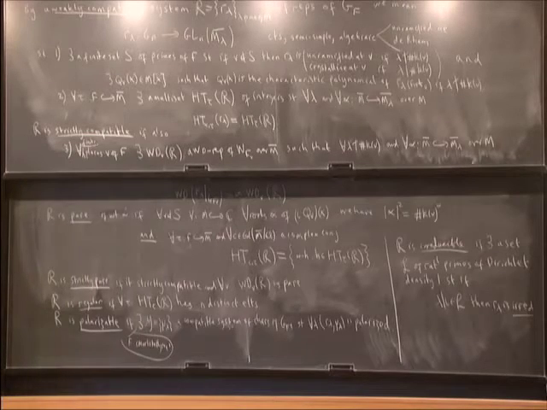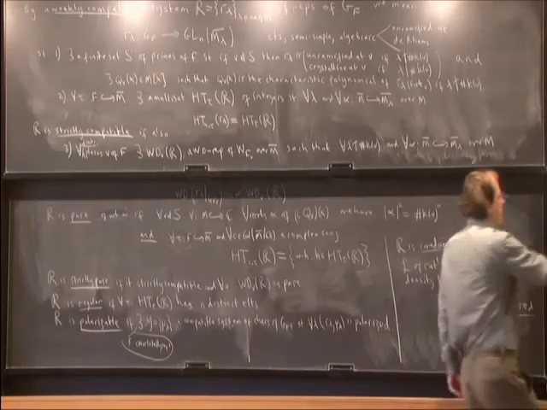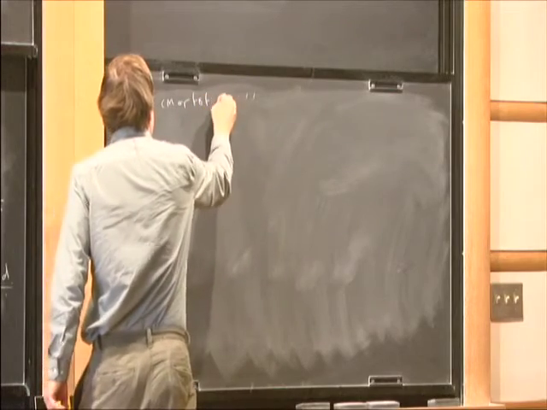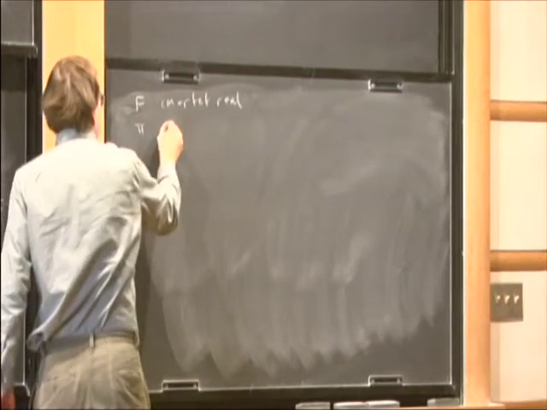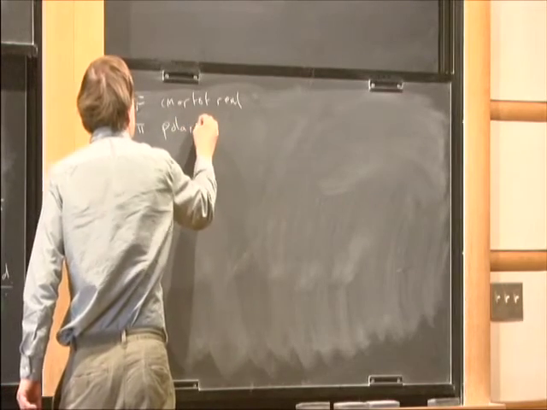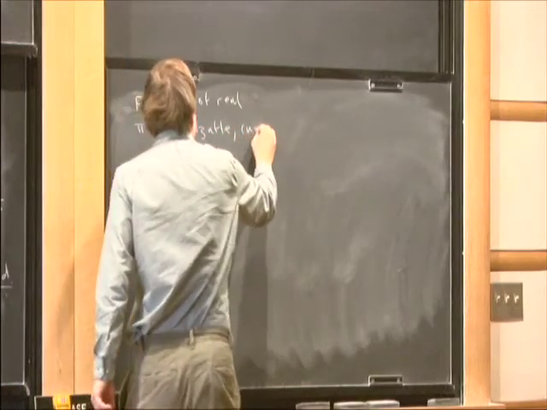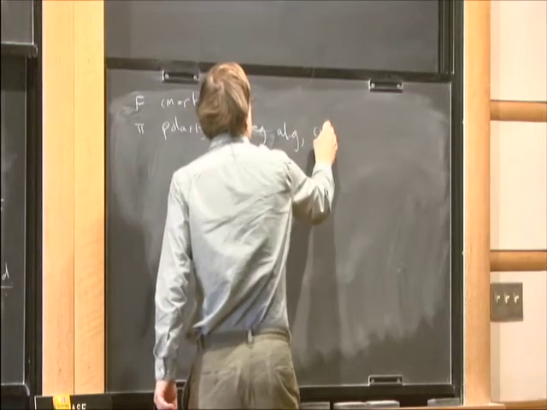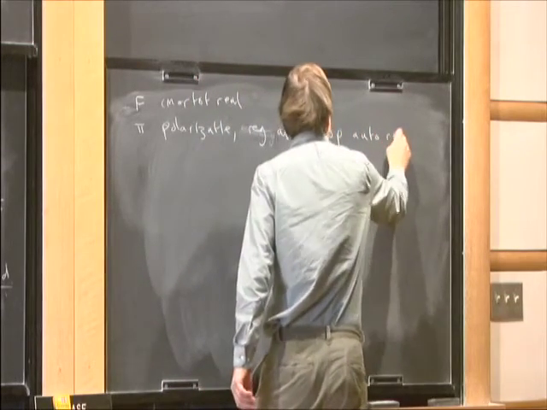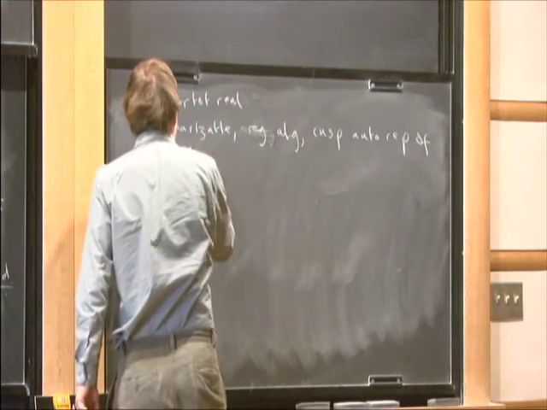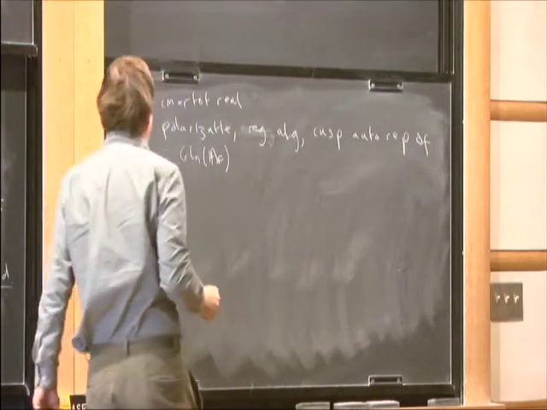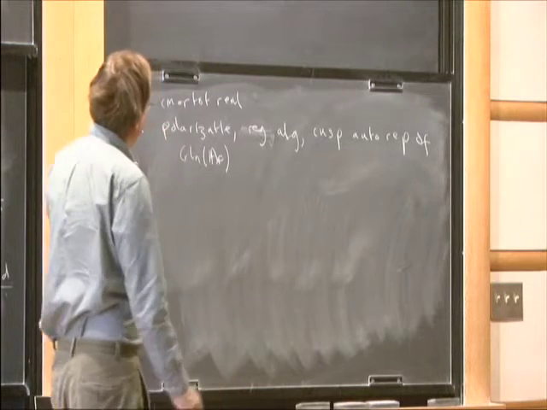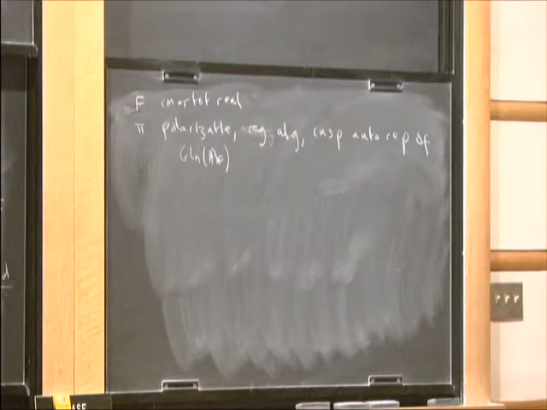Okay. If I have pi, so go back to the case F CM or totally real, and if I have pi a polarized or polarizable, cuspidal, regular algebraic cuspidal automorphic representation of GLn of A_F, then we know how to associate to a prime l and an isomorphism of C with Q_l bar, an l-adic representation.